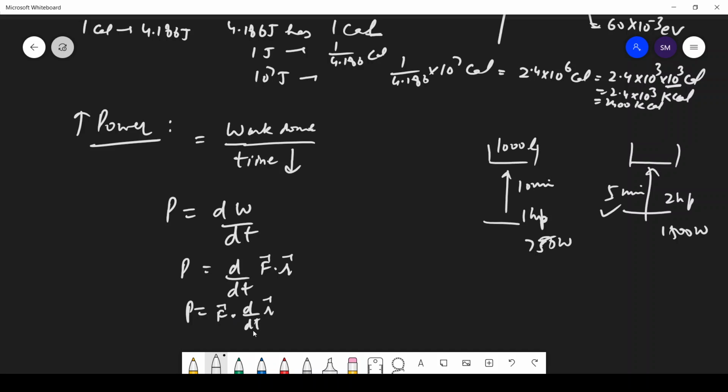Here we have the dot for the R, because R is changing displacement, and that's equals to F dot V. Students, this is a new formula for you.